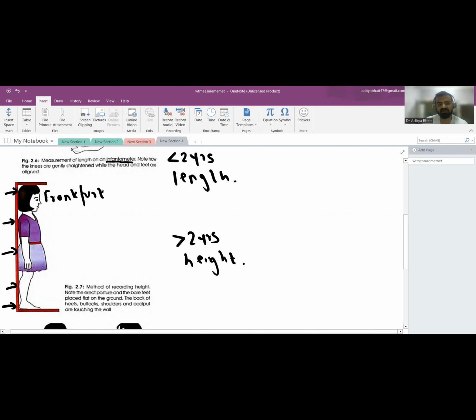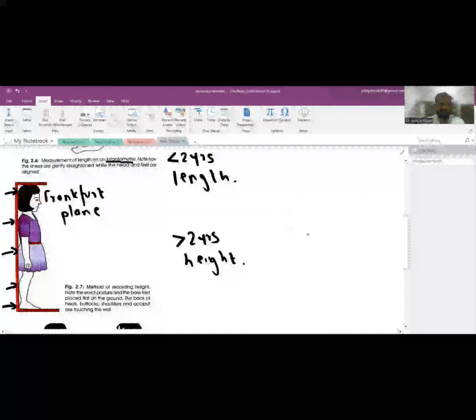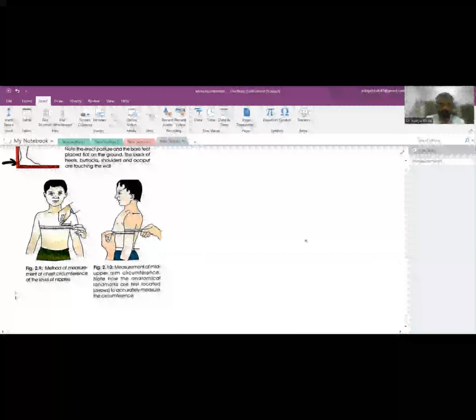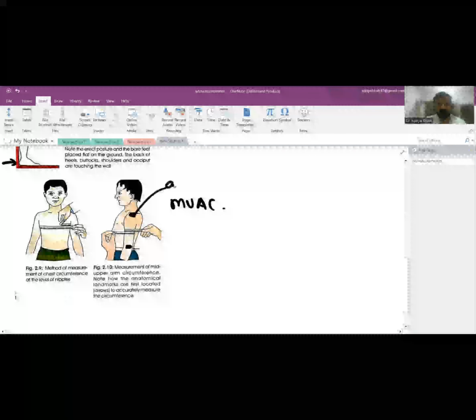Frankfurt plane is preferred, and the child should have naked feet, no shoes. All the hairpins or any special hairstyle should be avoided, because it will cause falsely increased height.